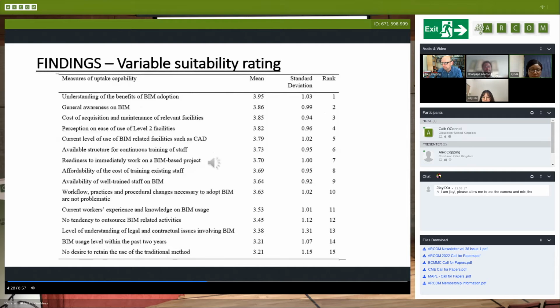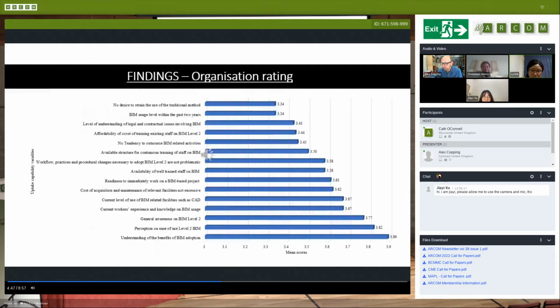Findings concerning variable verification. None of the variables scored below 2.5, so none was eliminated. As a result, all the 15 variables were taken to the next stage of the research. Here is the outcome of the organization rating. None of the variables scored below 3.00.